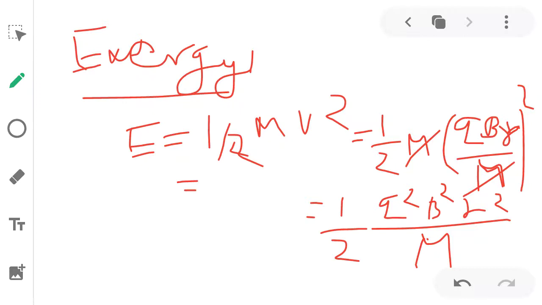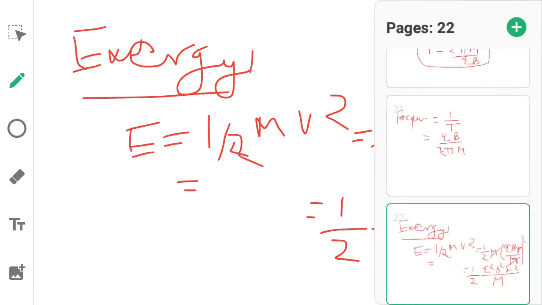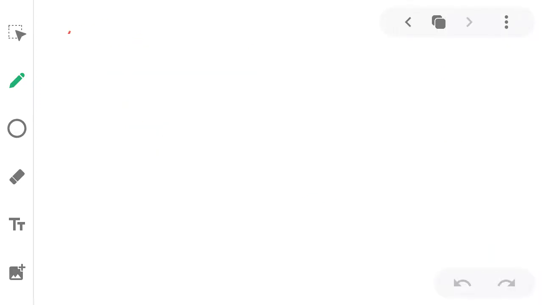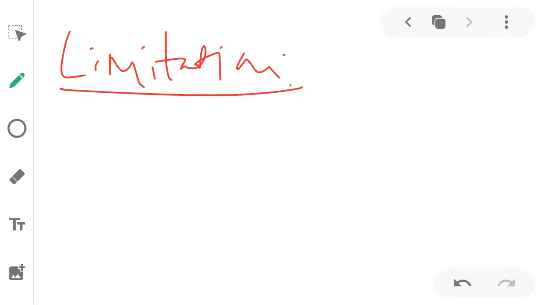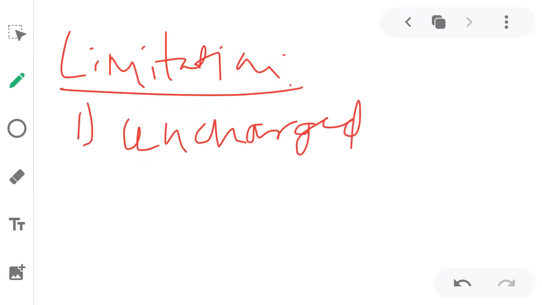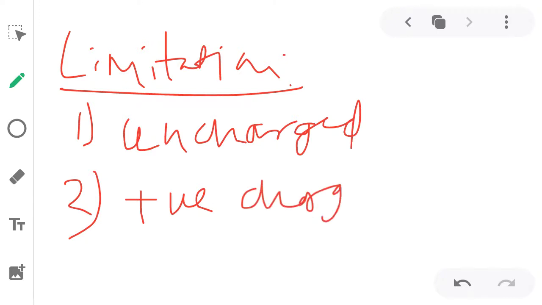Now let's see what the limitations of the cyclotron are. First, the cyclotron cannot accelerate uncharged particles. Second, the cyclotron can only accelerate positively charged particles, and an electron cannot be accelerated as it has a small mass.